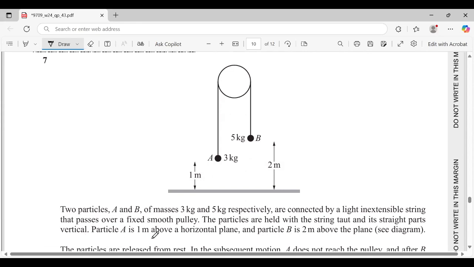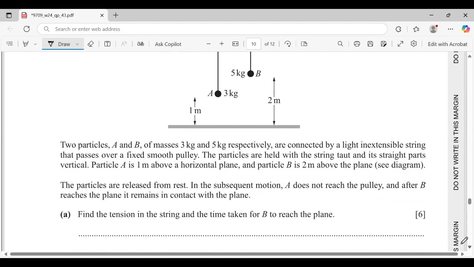Particle A is 1 meter above a horizontal plane and particle B is 2 meters above the plane. See the diagram. The particles are released from rest. In the subsequent motion, A does not reach the pulley, and after B reaches the plane, it remains in contact with the plane. Find the tension in the string and the time taken for B to reach the plane.